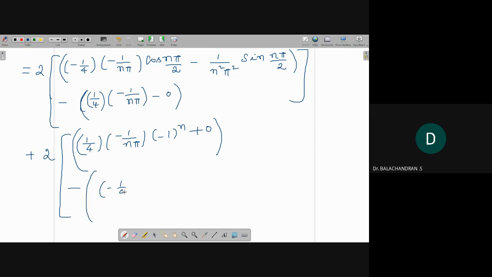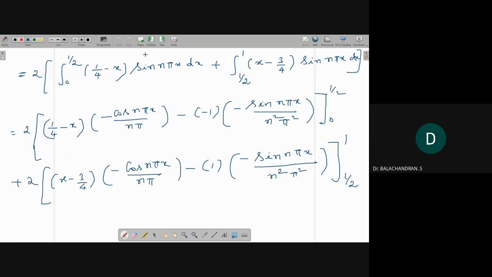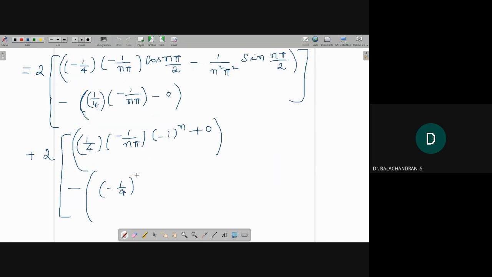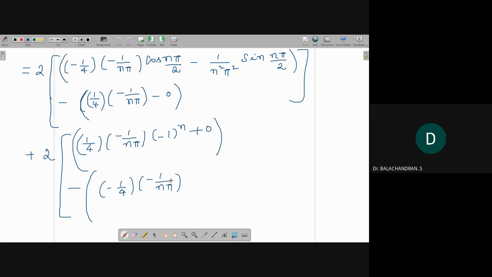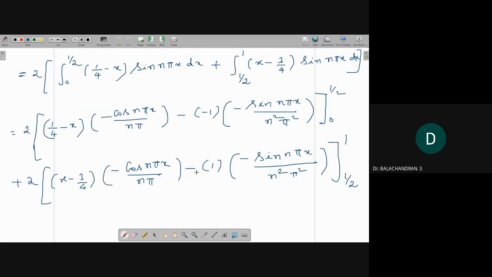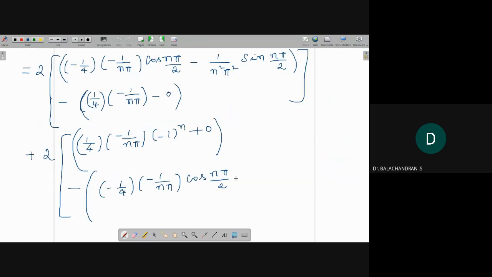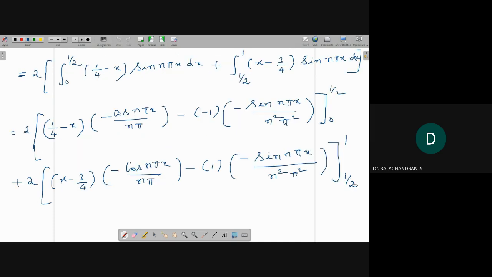Minus 1 by 4 into minus 1 by n pi into cos n pi by 2, and then minus into minus plus plus 1 by n square pi square into sine n pi by 2.